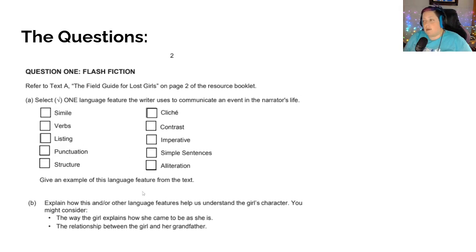And then give an example of that language feature from the text. And part B is explain how this and or other language features helps us understand the girl's character. You might consider the way the girl explains how she came to be as she is, and the relationship between the girl and her grandfather.